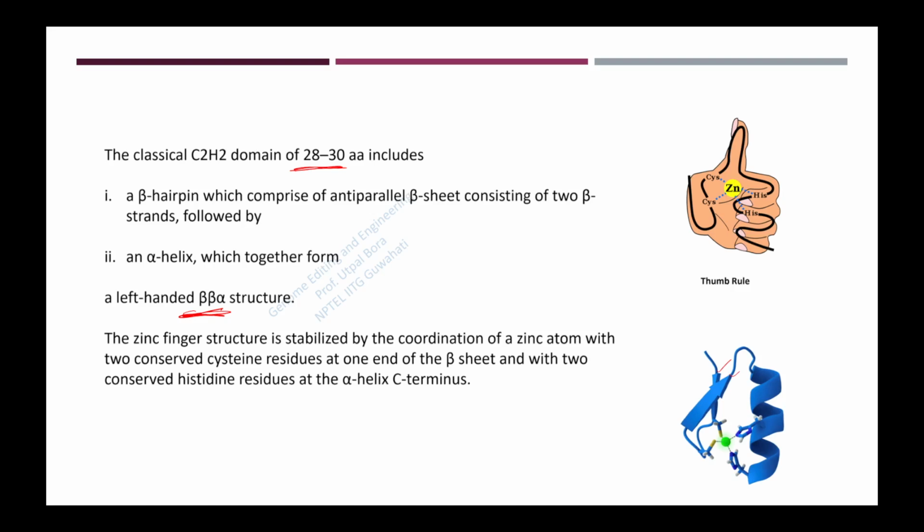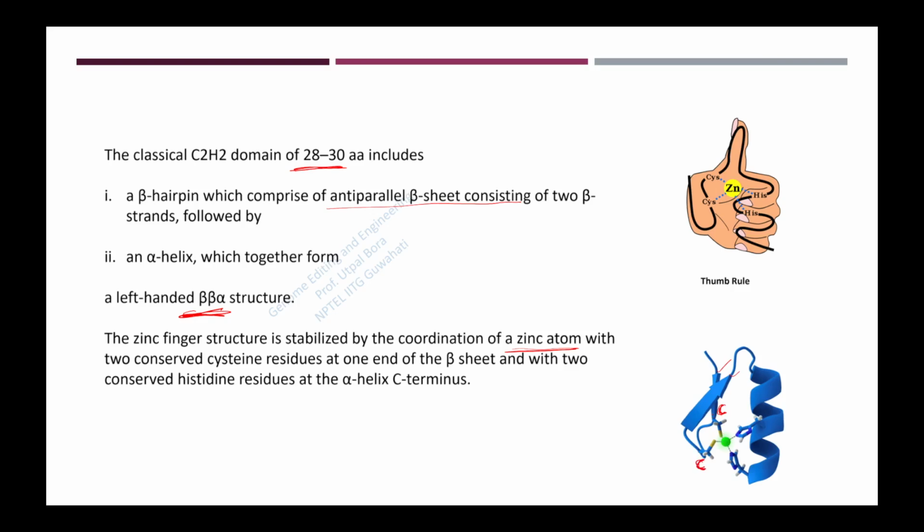A beta hairpin comprises anti-parallel beta sheets consisting of 2 beta strands, followed by an alpha helix, which together form a left-handed beta beta alpha structure. This zinc finger structure is stabilized by the coordination of a zinc atom with the 2 conserved cysteine residues at one end of the beta sheet. You can see here, at one end of the beta sheet, 2 cysteine residues.